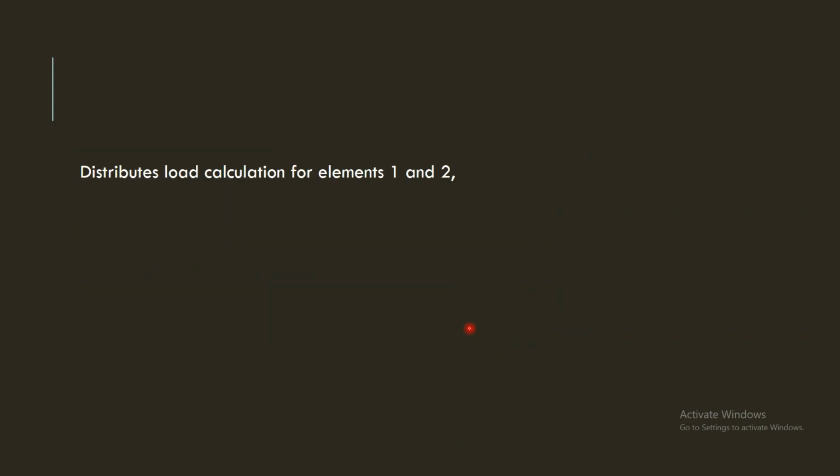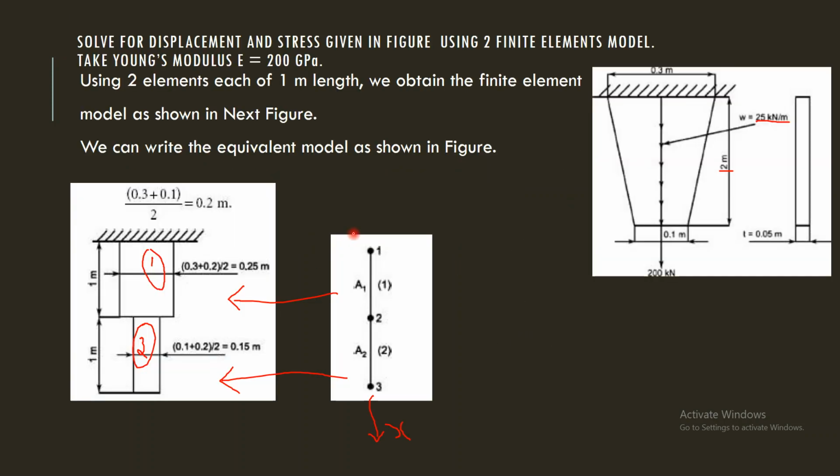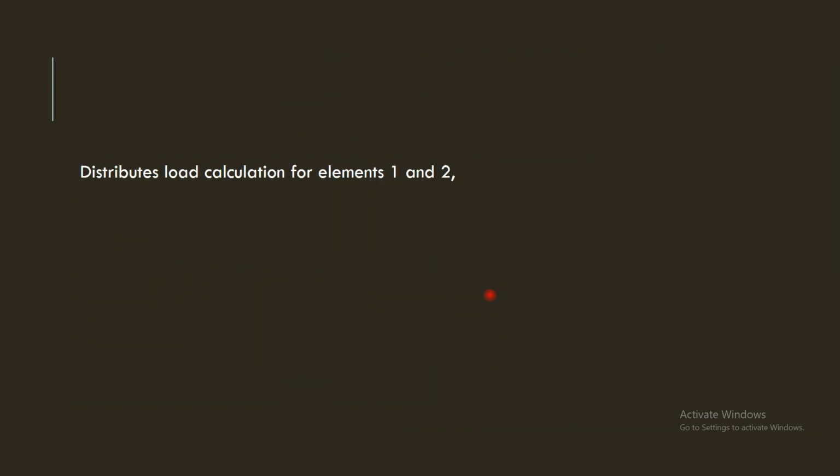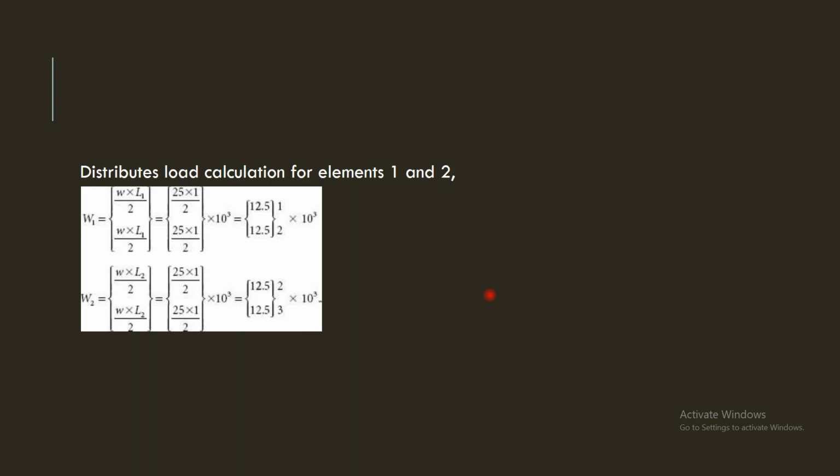Let's come to the distributed load calculations for each element. So that is UDL. If I observe the problem consisting of UDL, let's calculate the load because of that UDL. So we know the equation WL1 divided by 2, WL2 divided by 2.